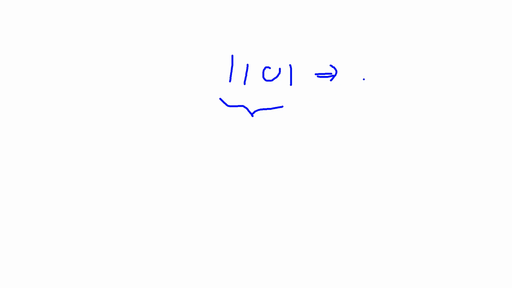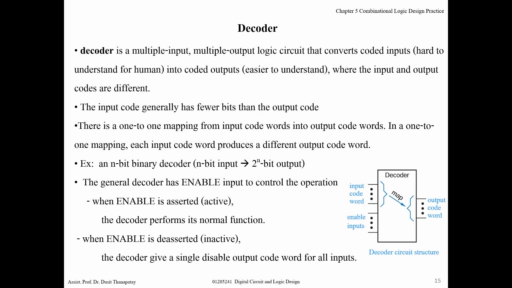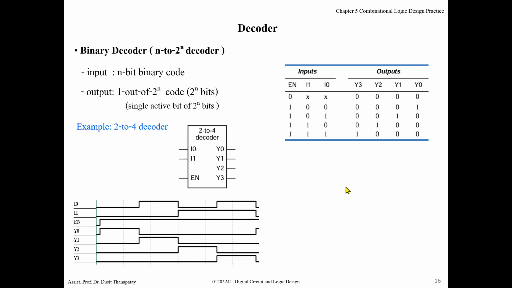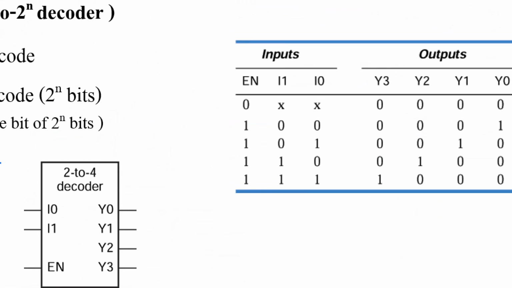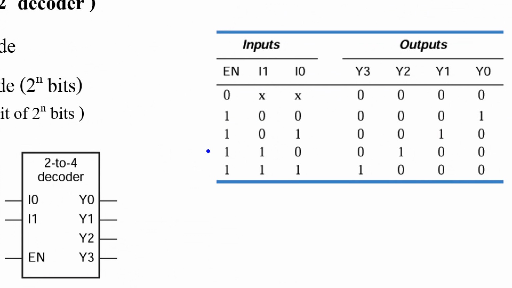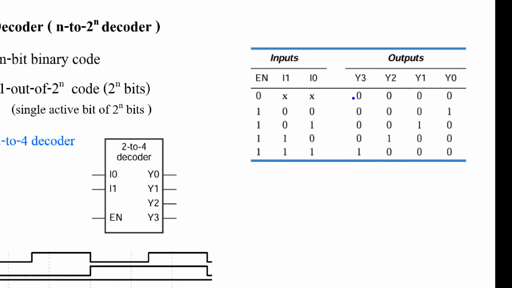So to make it easy for the human, sometimes we may use a decoder to convert binary input to a one-out-of-m output. For example, like this. To show you some example.